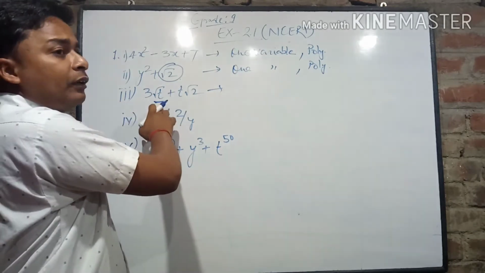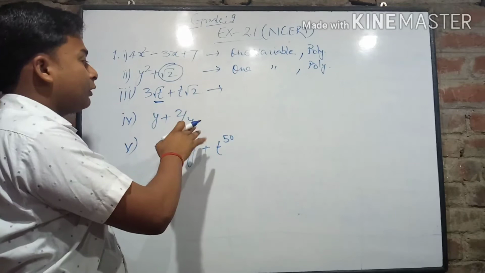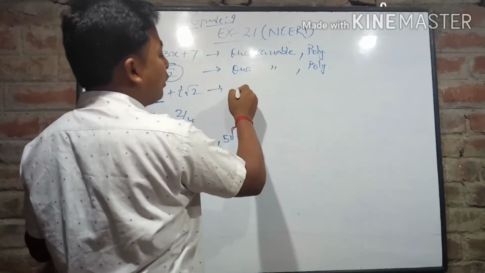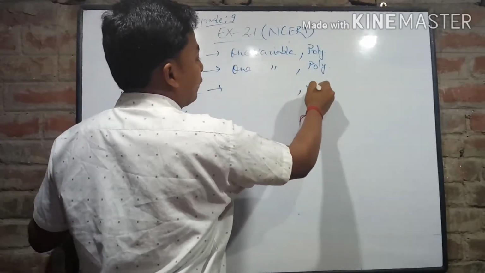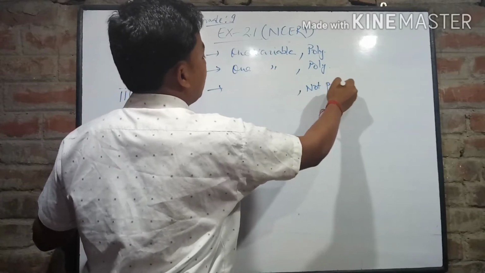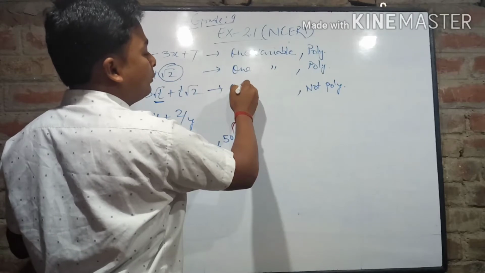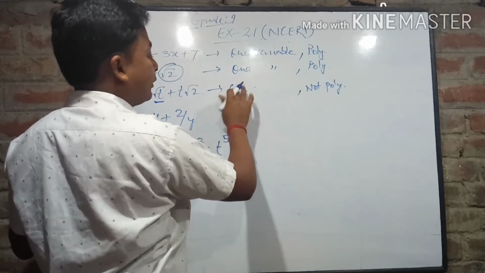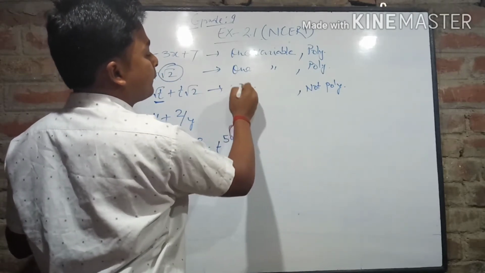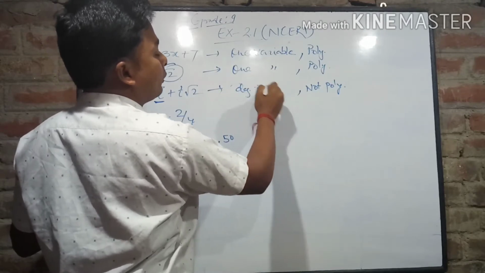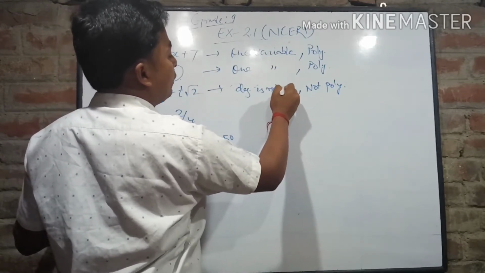Here it is a fraction, or you can say it is not a whole number. That's why it is not a polynomial. First part, not a polynomial. Why is it not a polynomial? The reason is that the exponent value, the degree, is not a whole number.